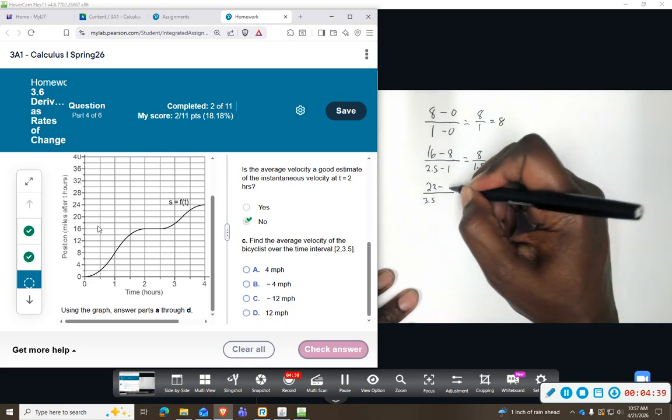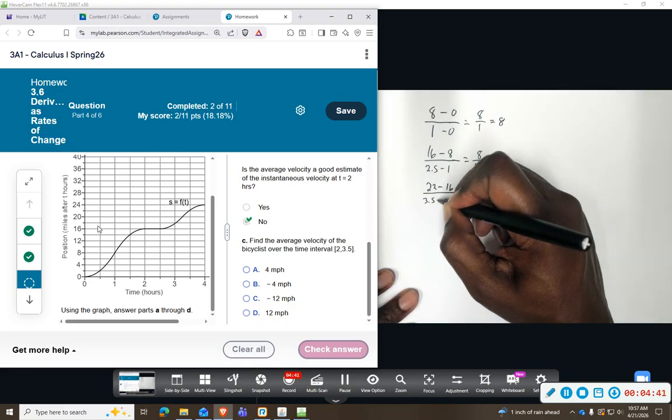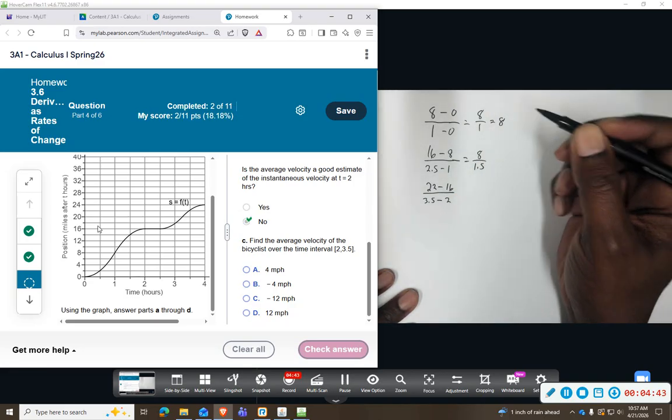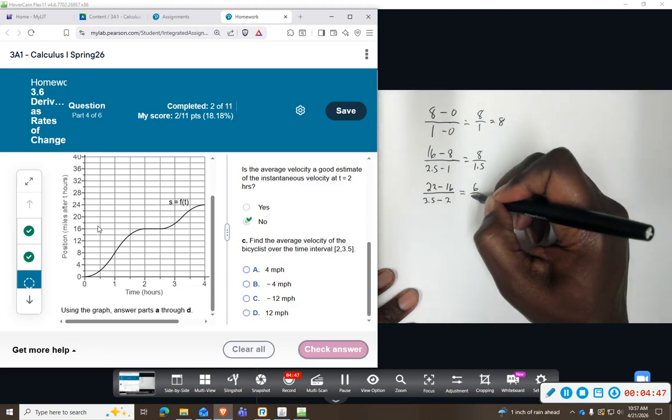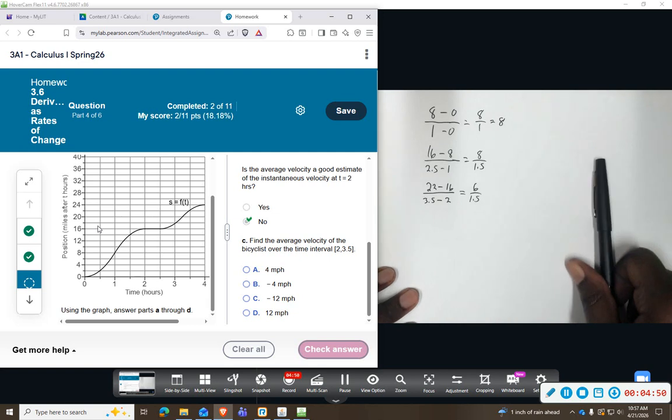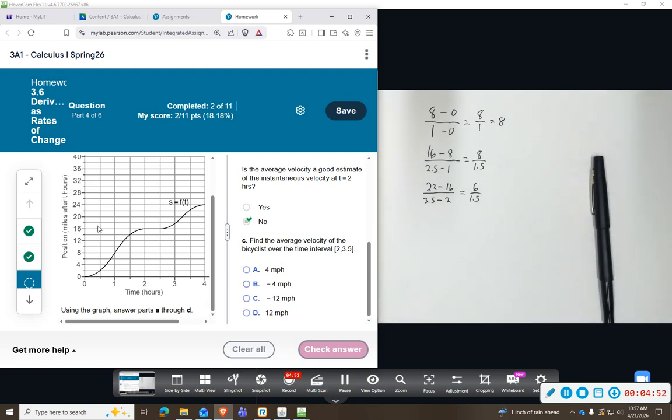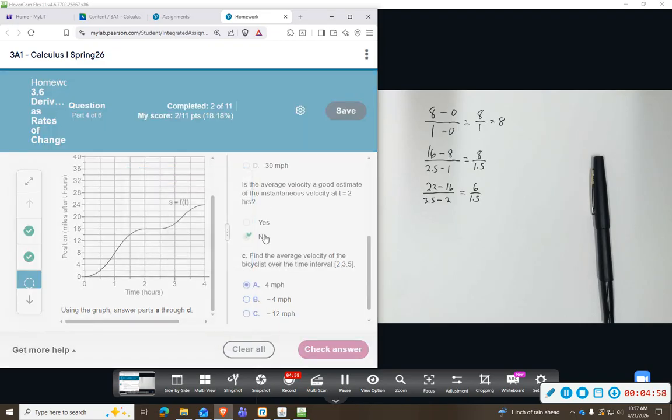He was at 16 at 2 hours. And so this is going to give us 6 divided by 1.5. Okay. So roughly about 4, somewhere close to that. Looks like 4 is an answer choice.